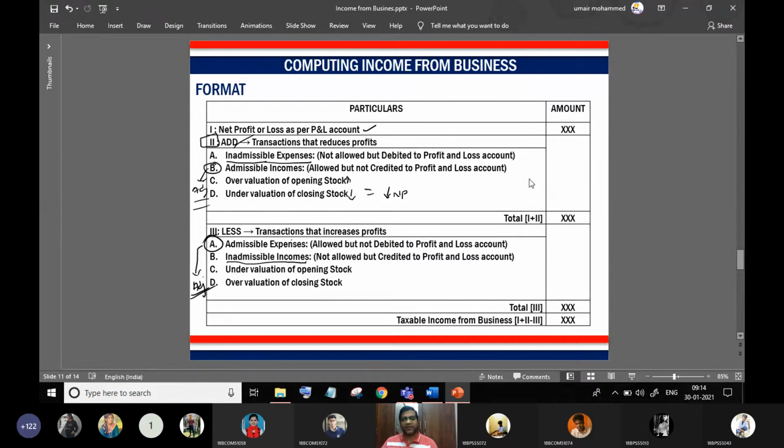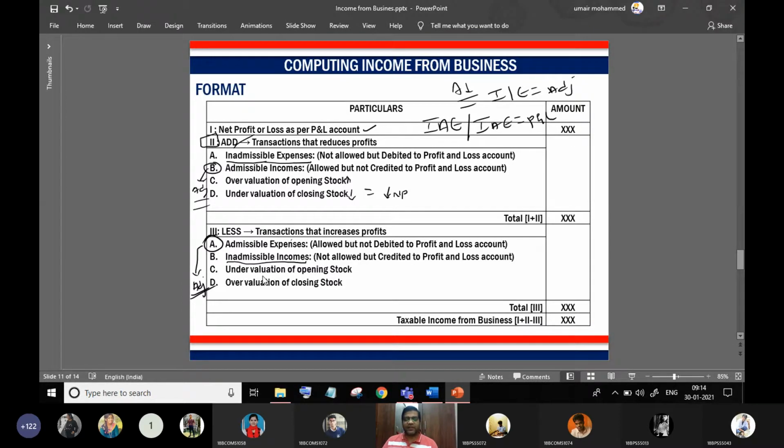So two items we find in the adjustments: admissible incomes and admissible expenses. On the other hand, inadmissible expenses and inadmissible incomes we should find in the profit and loss account.